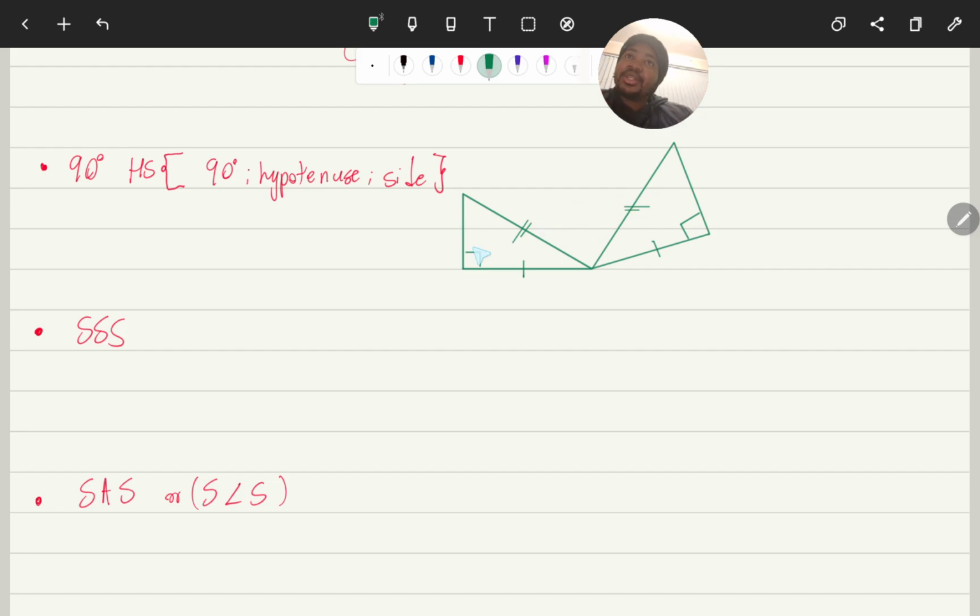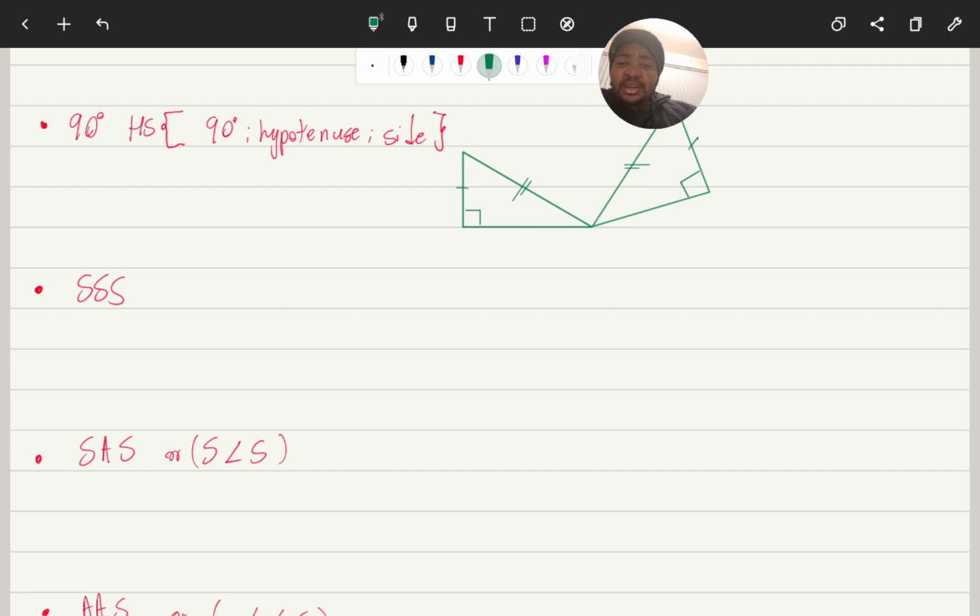Here you see the hypotenuse are equal, and this one and this one. You'd still be fine if it's instead these 2, because it's one other side, the hypotenuse is equal, and you have a 90-degree angle. So what does all of that say? It says that the two triangles are actually congruent.